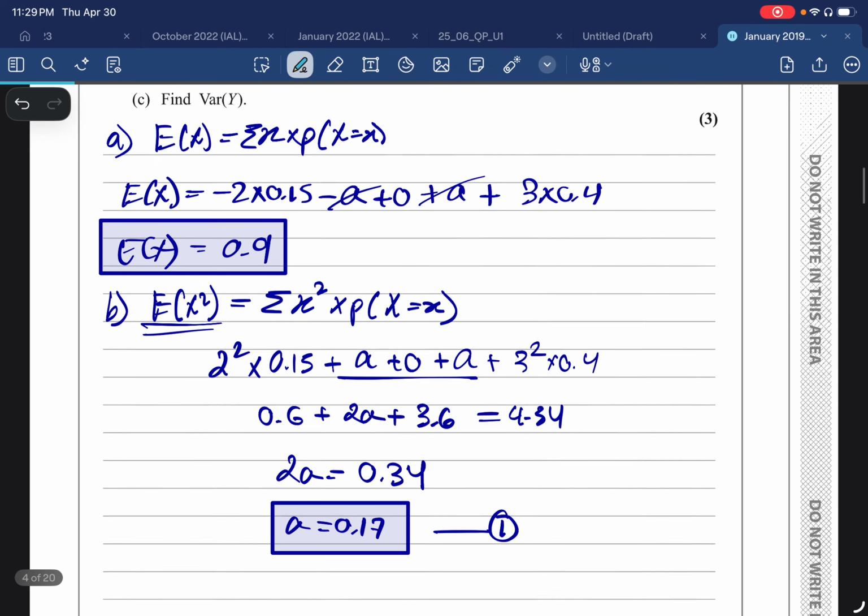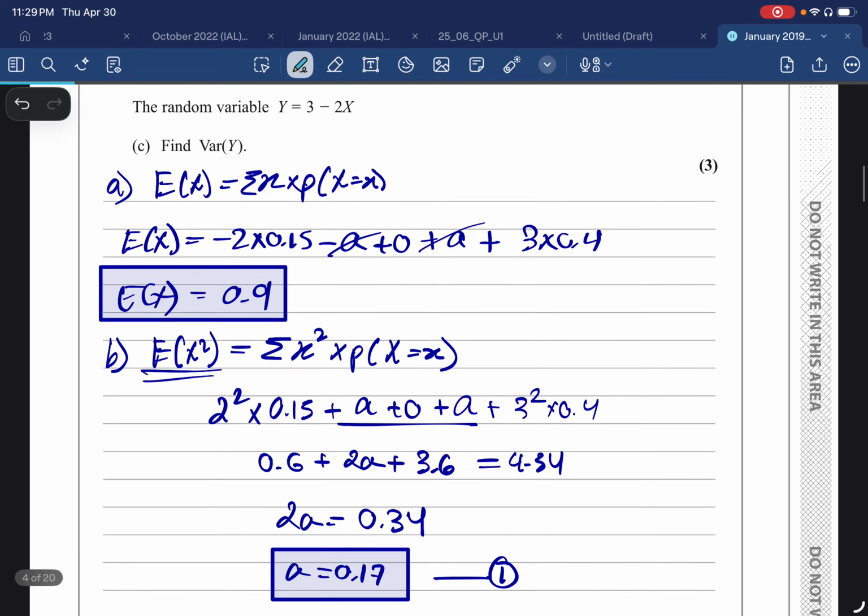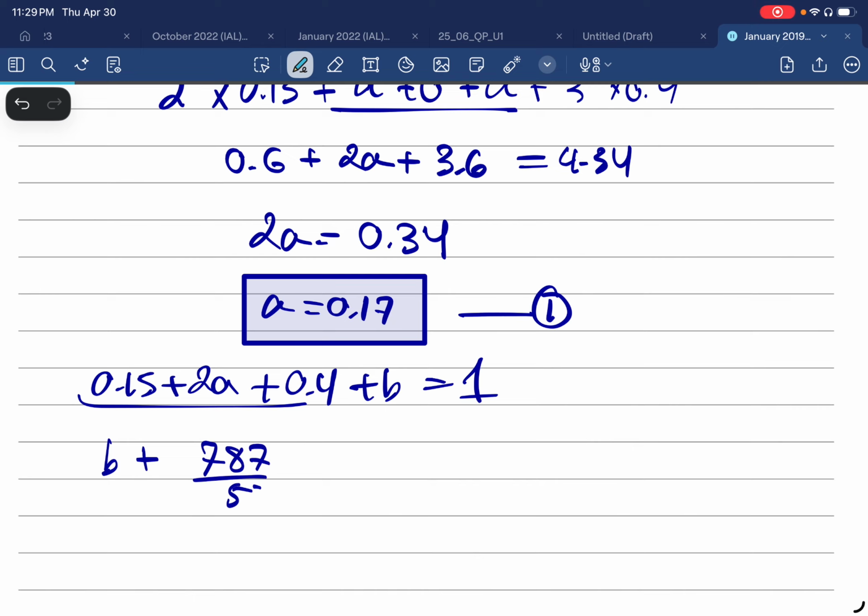So what we're going to do is say 0.15, plus 2a, because there are 2a, plus 0.4, plus b is equal to 1. So b plus your answer is equal to 1, so 1 minus your answer.